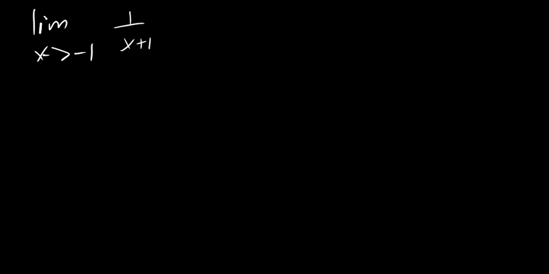So for that case, you have to do two things. You have to do the limit as x goes to negative 1 from the left side of 1 over x plus 1, and also the limit as x goes to negative 1 from the right side of 1 over x plus 1.